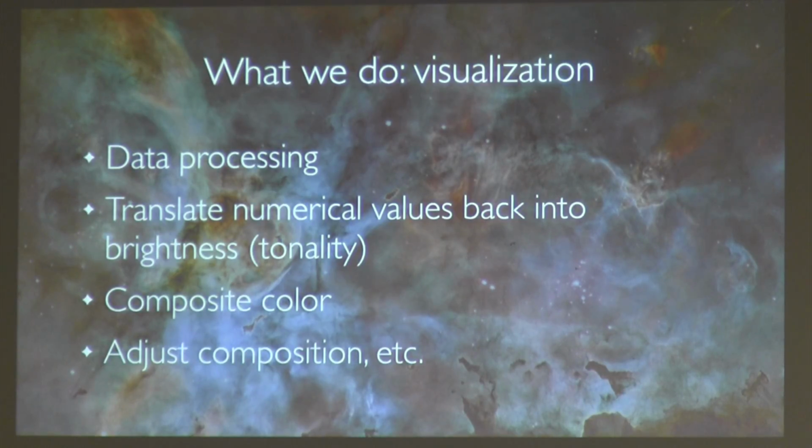And whatever we do, we're essentially translating the numerical data that the camera recorded back into brightness values of some sort. And then what we do is produce the color images, which is not really part of the science necessarily, but it's generally for the public.